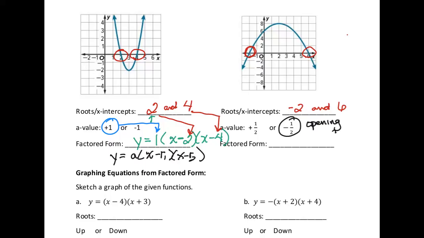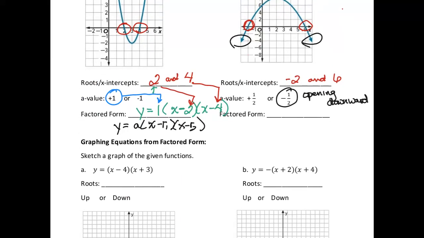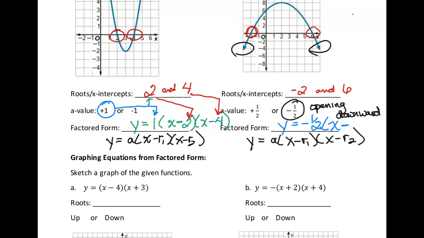Does everybody see what I'm saying when I say it's opening downward? Right? I'm talking about here. We're going down. So my factored form, y equals a times x minus root 1, x minus root 2, is y equals, now don't forget, it's not 1 and negative 1, it's negative 1/2 times x minus, all right, your root 1 is -2.